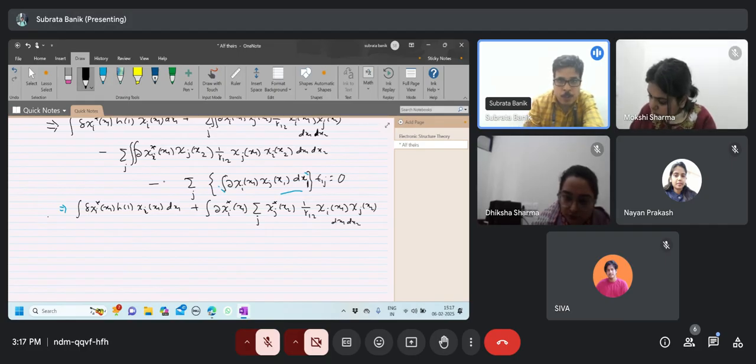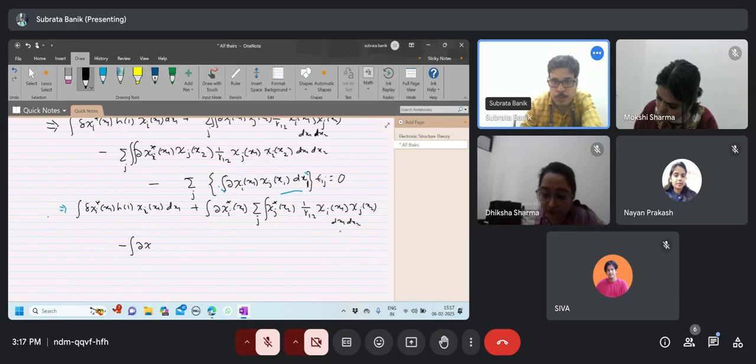Same thing I'm going to do for the third term. I get integration of delta chi. There's another integration, right? This integration I should not forget. There's another integration for dx2, right?